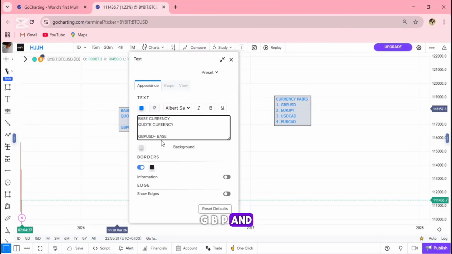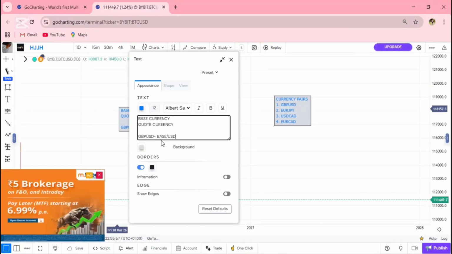And we have the quote currency to be the USD. The quote currency is paired with the base currency. The base currency is always the first currency, while the quote currency is the second. In the case of the EUR/JPY, the base currency will be the Euro, while the quote currency will be the JPY.